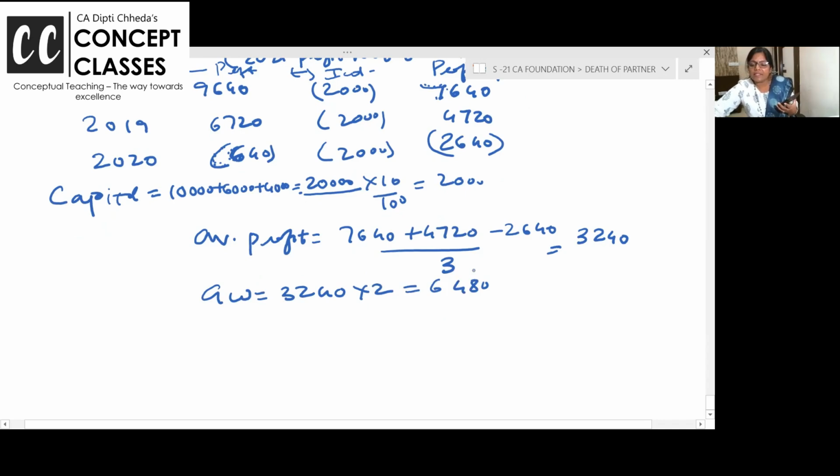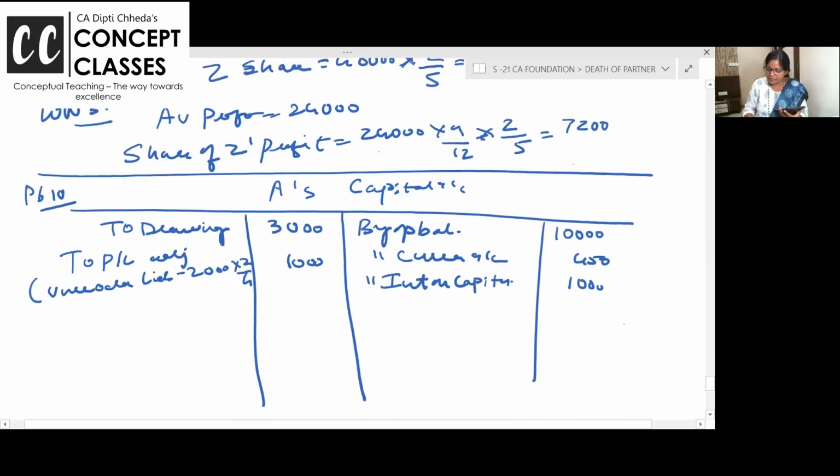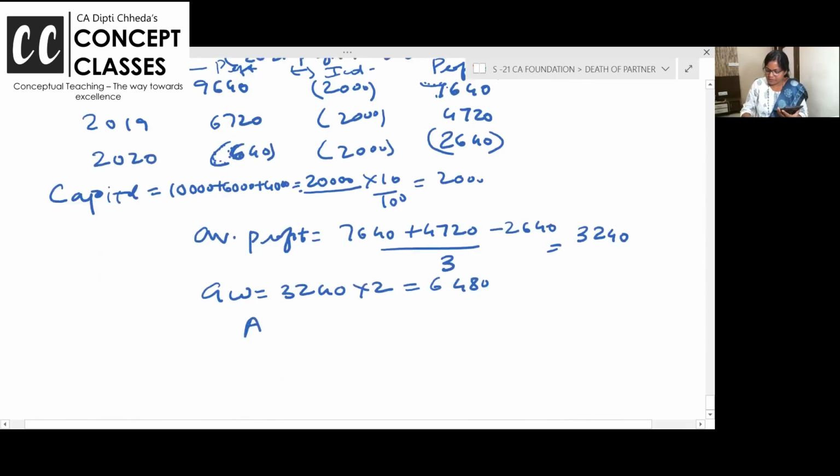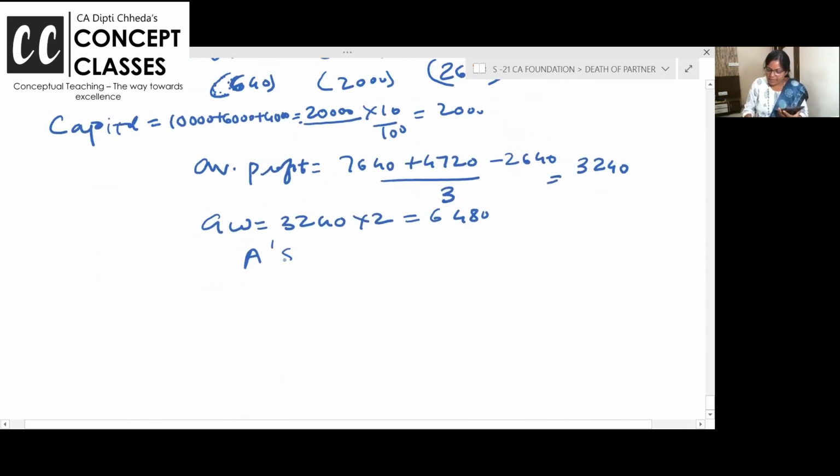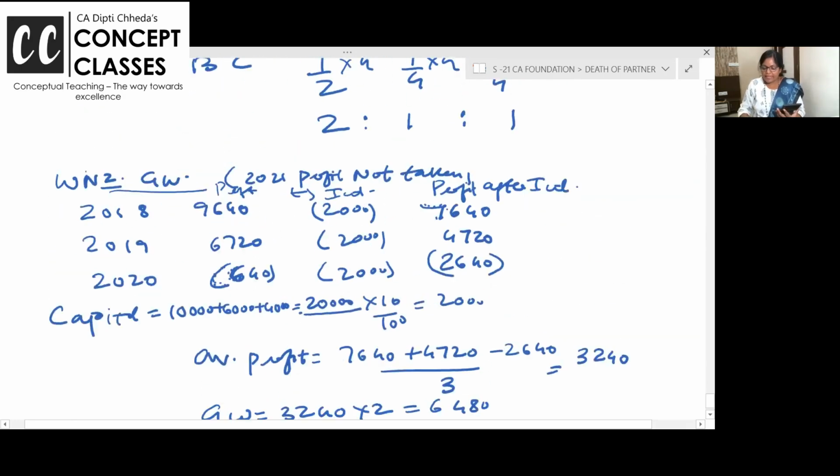Goodwill is 6480. And in that how much is A's share? A's share कितना आ रहा है? A नहीं, who is retiring? Yeah, A only, first partner. A's share 6480 into half. करेक्ट है ना?